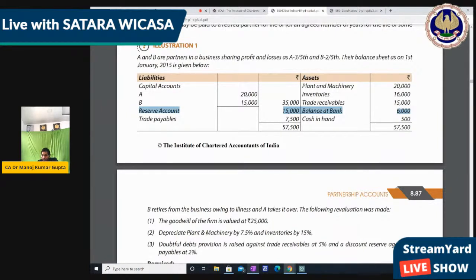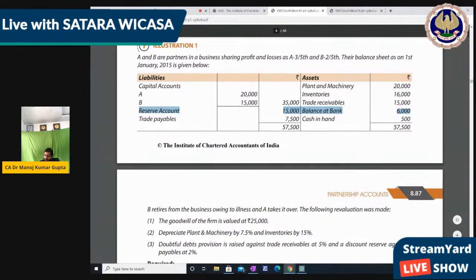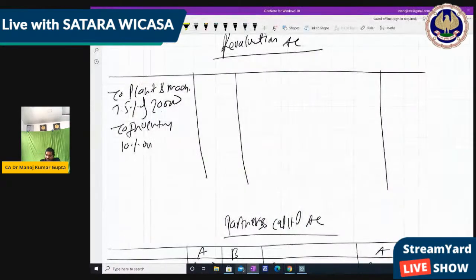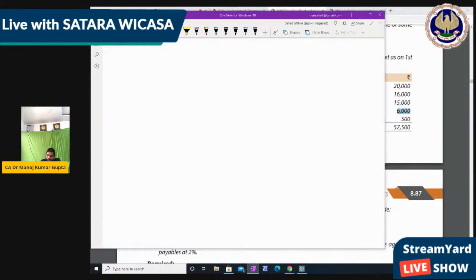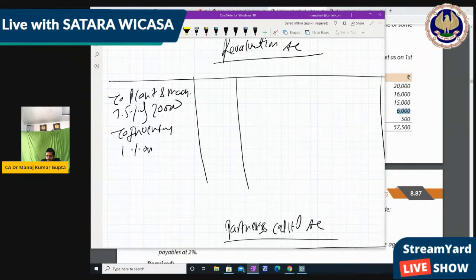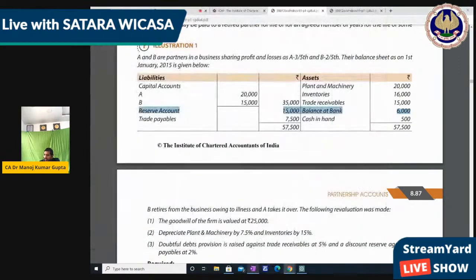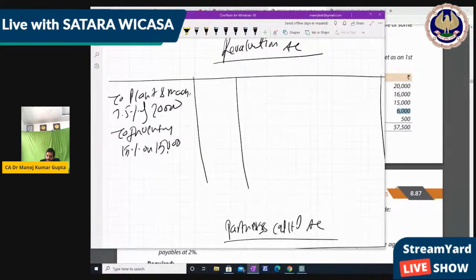Inventory is 16,000, not 15,000, so we charge 15% on 16,000 and 7.5% on 20,000.